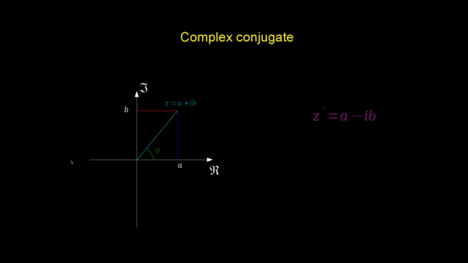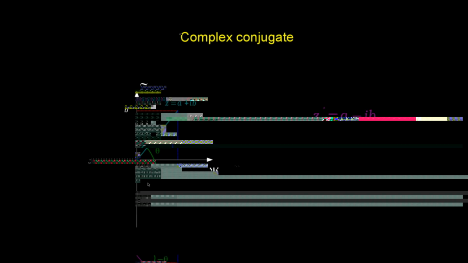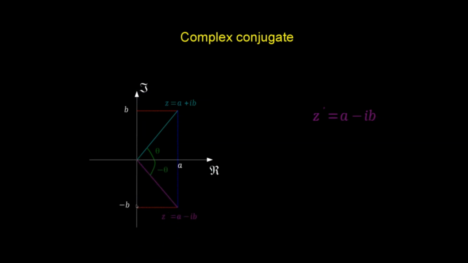So we will have a kind of mirror of our complex here, around the real axis. So we have now this new complex here, which is the conjugate of this z equal to a plus ib. Now if you can see, the modulus of the conjugate is equal to the modulus of the complex.